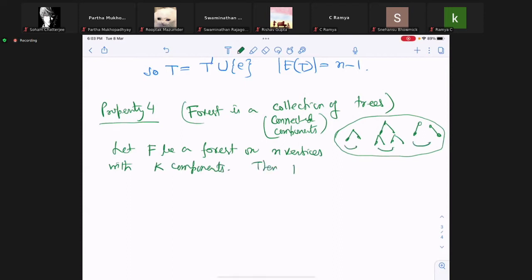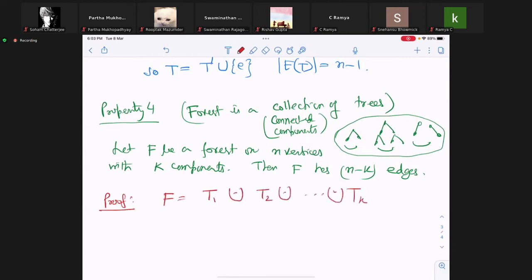Then F has n minus k edges. Proof is really elementary again. Right? So what is F? F is the disjoint union of these components. This dot means disjoint union.